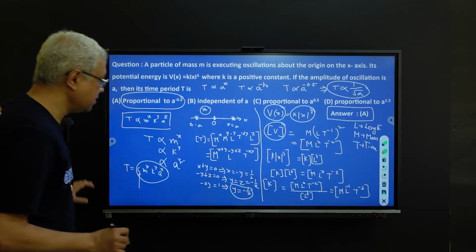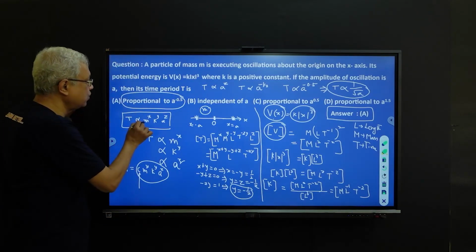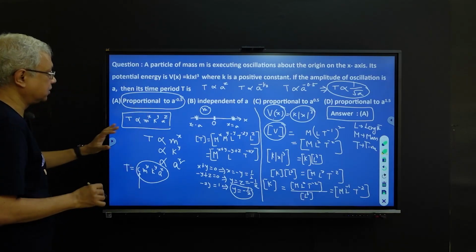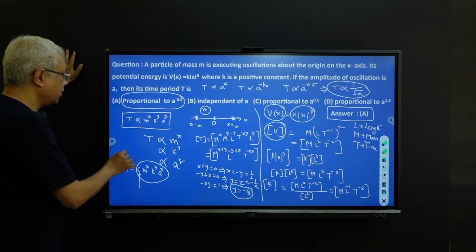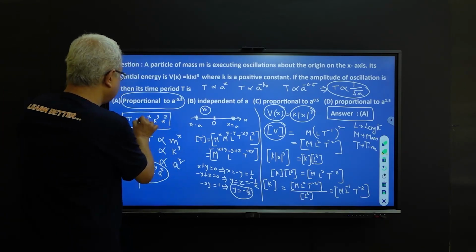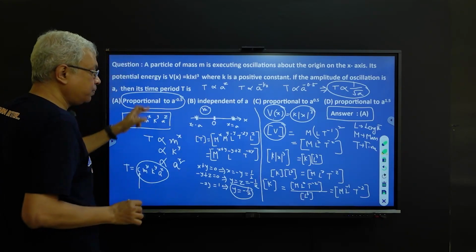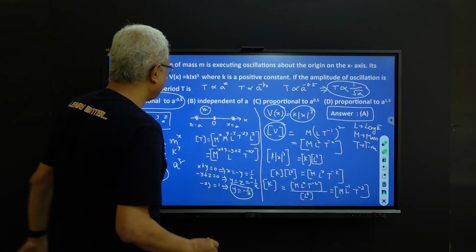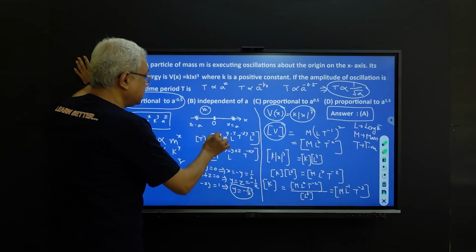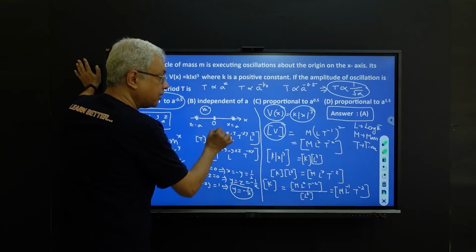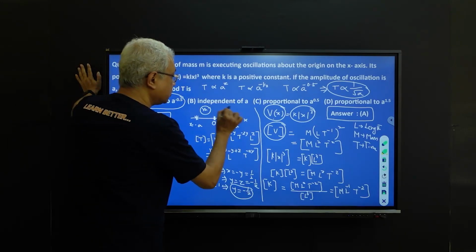Now we are assuming that the period is proportional to m to the power x, k to the power y, a to the power z. Okay, so the dimension of T should be equal to M to the power x. This is mass. Then k to the power y. k we have already found, M L to the power minus 1 T to the power minus 2. So it is M to the power y, L to the power minus y, T to the power minus 2y.